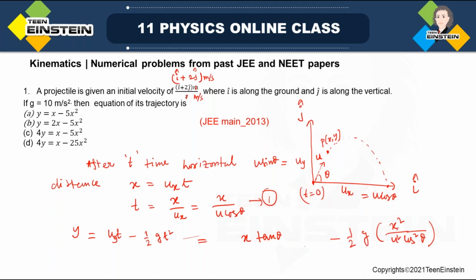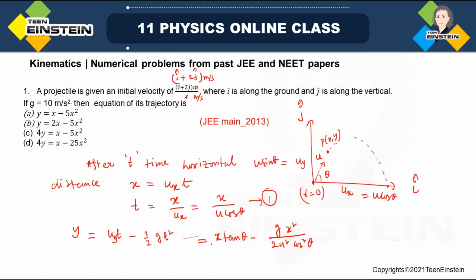So this is minus, see, this is x square, this is u square. I'll keep this as it is, but I need some space here, so I'll just erase it and write it here again. So let me write what we get as trajectory: y is equal to x tan theta minus g x square by 2 u square cos square theta.